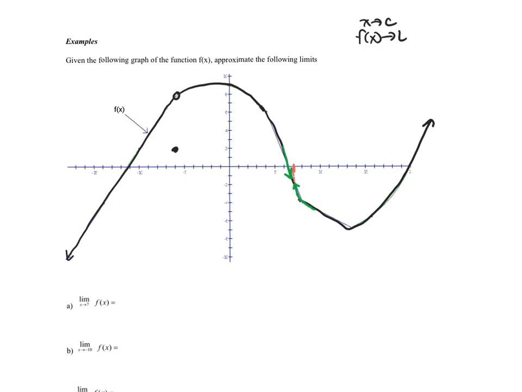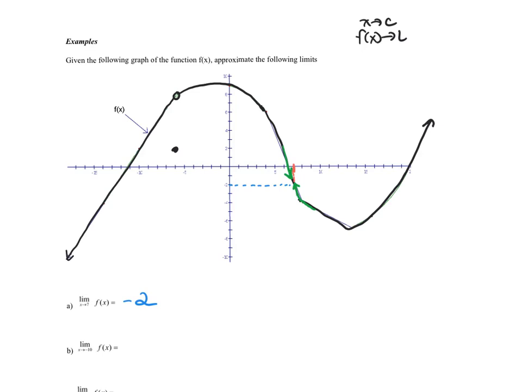So if we look at it, does that seem to get close to any value? If I had to guess, I would say this gets pretty close to -2. That is going to be the y value that the graph approaches from both sides as x approaches 7.